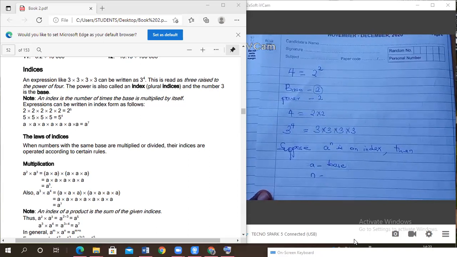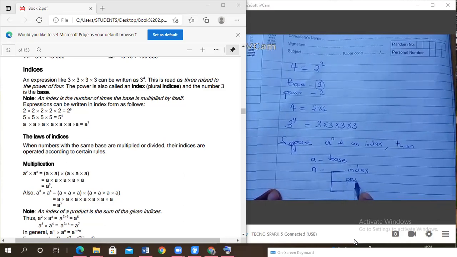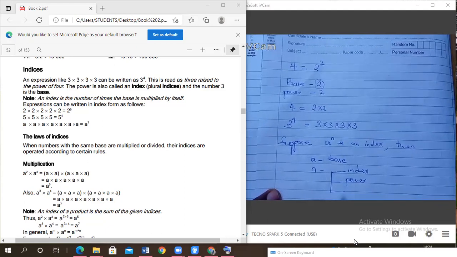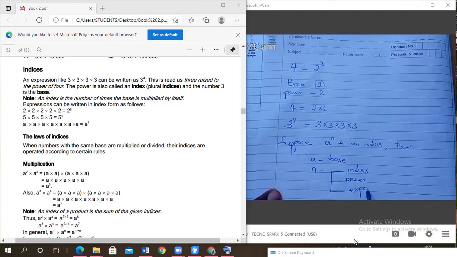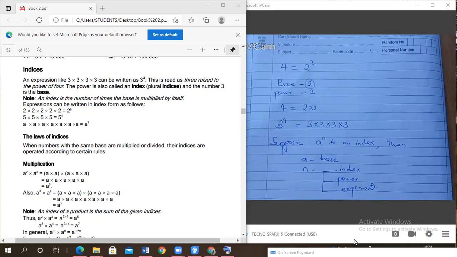Then n we can give 3 names. I can call it index, I can call it power, or I can call it exponent.